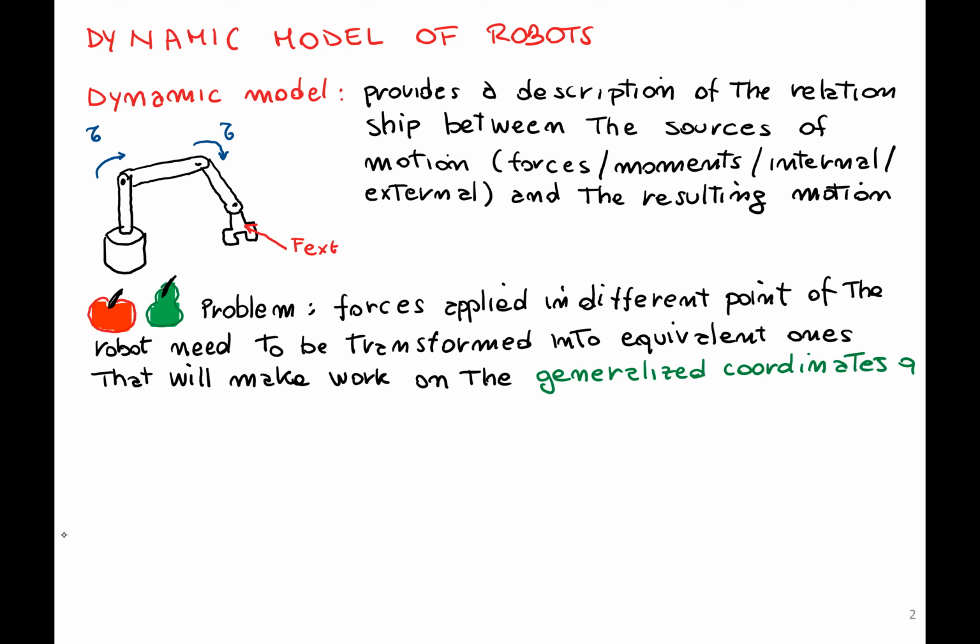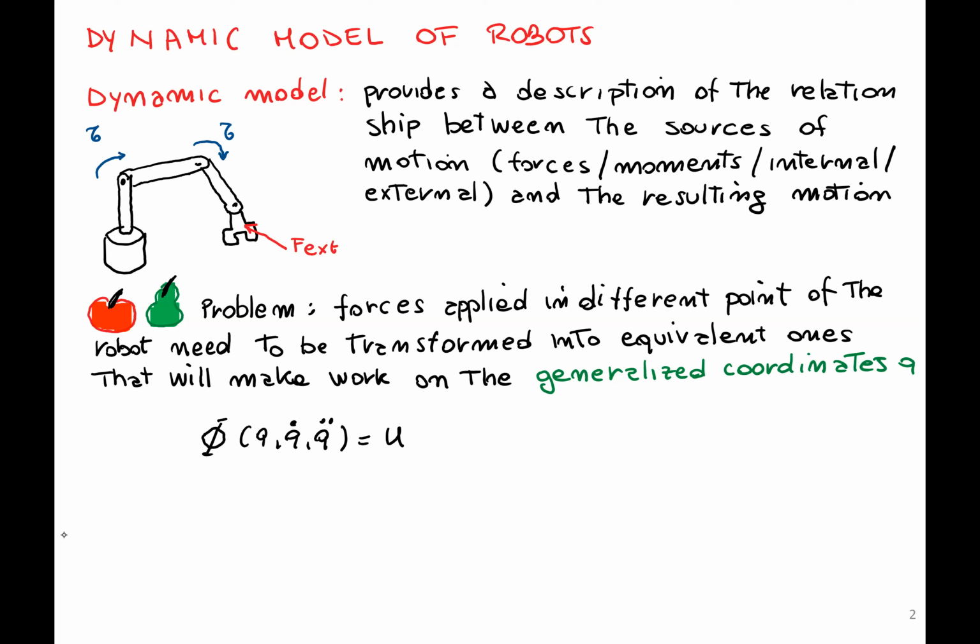We can consider an application of these forces all along the structure, at any point. For example, these forces could be the joint torques themselves, or an external force coming from the environment. These forces applied at different points need to be transformed into the equivalent ones that we call generalized forces, which are the ones that actually do work on the generalized coordinates q that we defined for the kinematics of the robot.